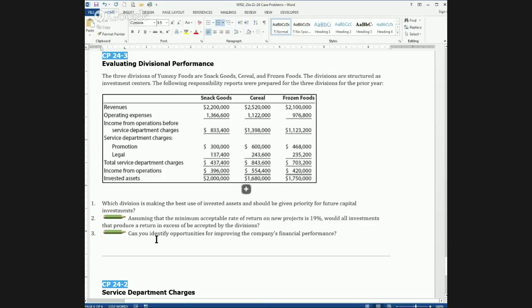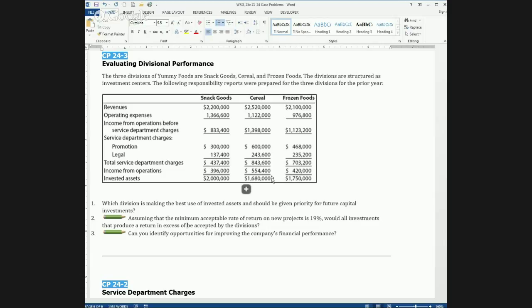Okay, to think about this, put yourselves in the shoes of a division manager. Let's say the cereal division. What would the cereal division's return be? It would be $554,000 divided by $1.68 million. That is the standard that the cereal division had set forth.